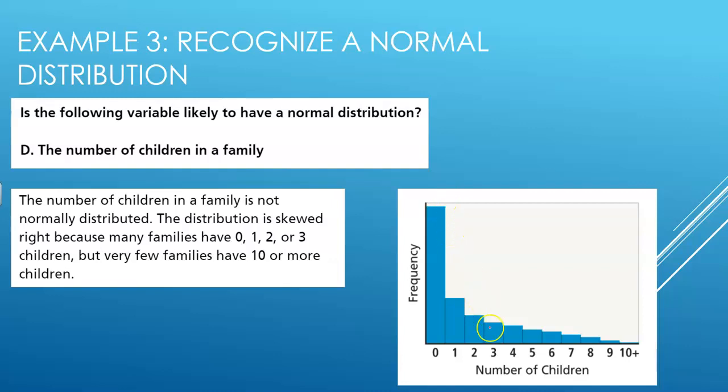These people that were surveyed, most of them didn't have any. And then it got smaller and smaller and smaller as the numbers get higher and higher and higher. So that is definitely skewed to the right.